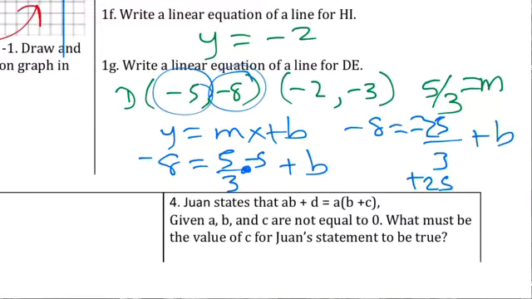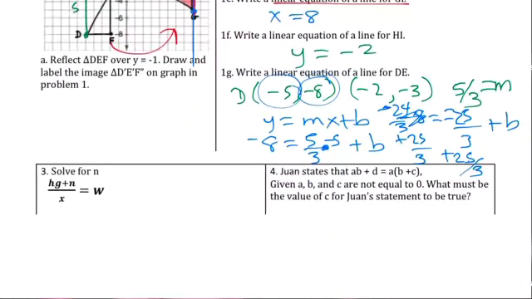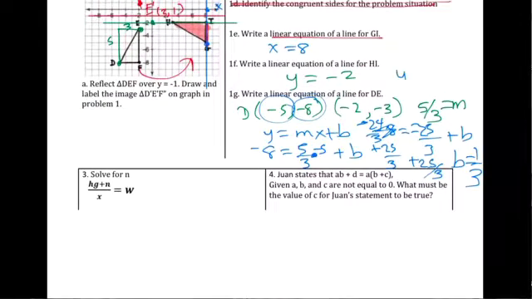Add 25 over 3 to both sides. This would be -24 over 3 plus 25 over 3, so you get 1/3. B is 1/3. That's how you do that. And the equation of the line is y equals 5 over 3 x plus 1/3.